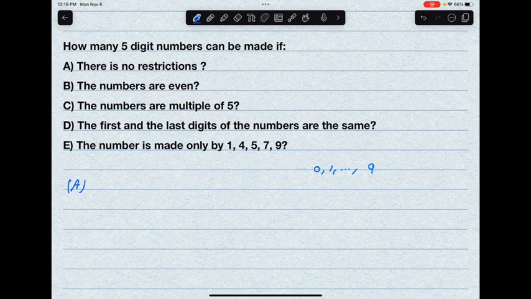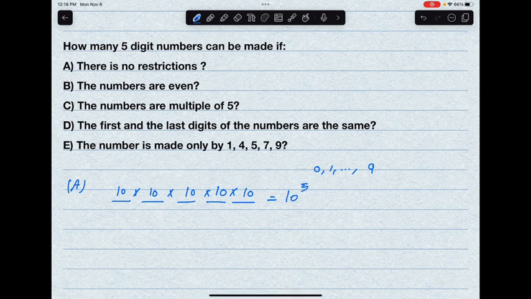So we have 5 places, and we have repetition. For the first place we have 10 choices, any of those 10 digits, and then 10 here, 10, 10, and 10, and we multiply them, so that's 10 to the power of 5.